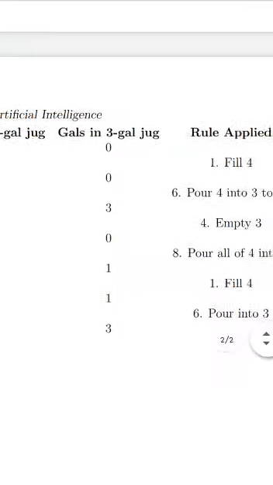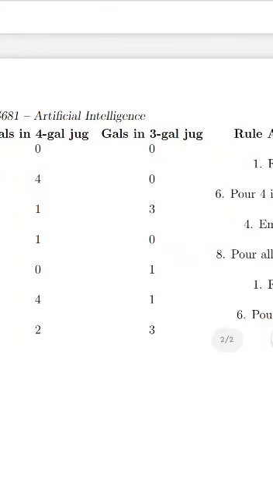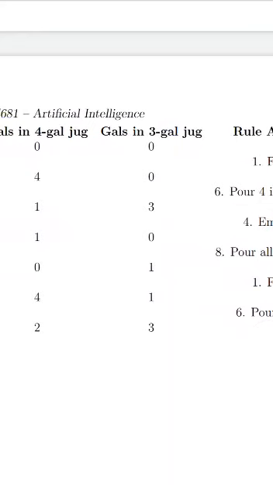Next, pour all of 4 into 3. We apply rule number 8, all the water available in X goes into Y. So X will become 0 and Y will become 1. Next, fill 4: we again repeat rule number 1, so X will become 4 and Y remains 1.